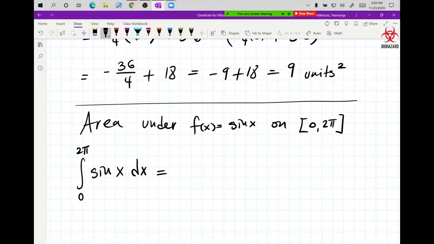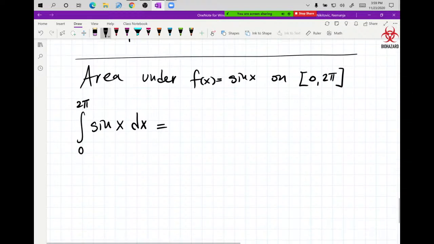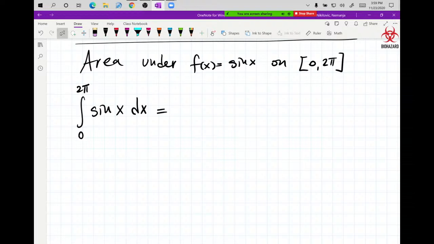Now you know what to set up. This is standard. As soon as you're looking for area under the curve, you immediately take the definite integral of the function between the two values you had as your limits of integration.